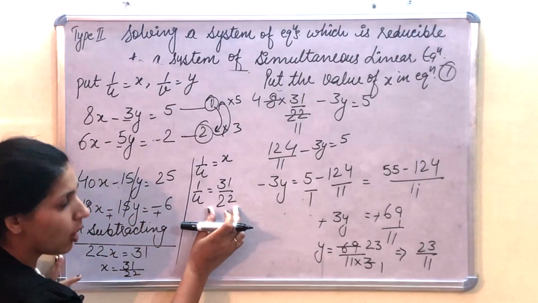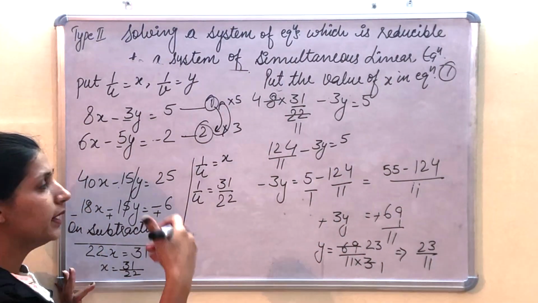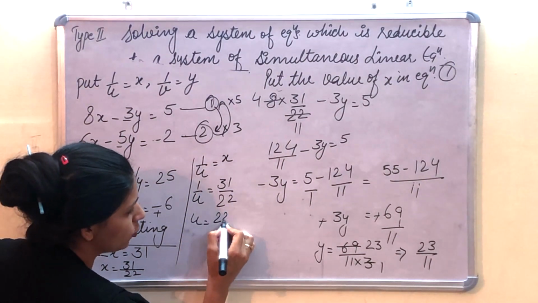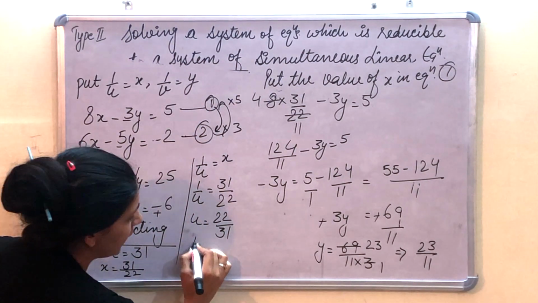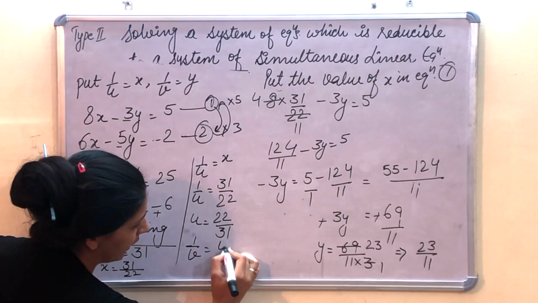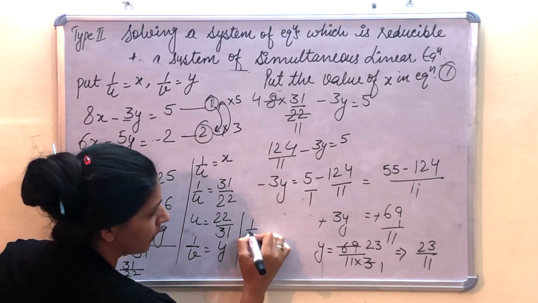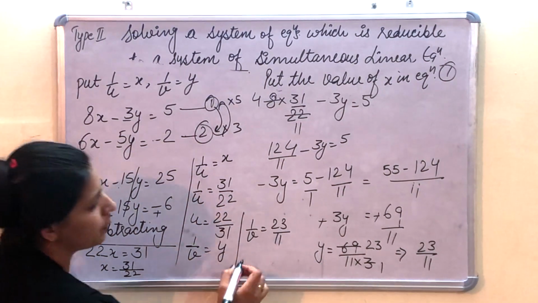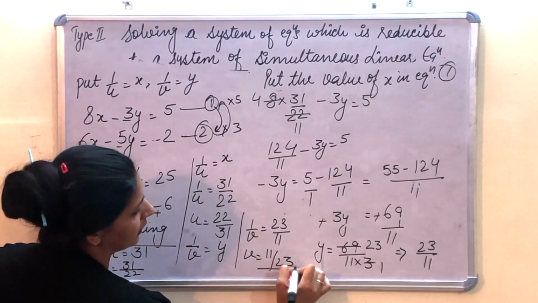If we reciprocal both sides, then numerator becomes denominator and denominator becomes numerator. So it is u and it is 22 by 31. Same as it is v, that is 1 by v is equal to y. What is the value of y? It is our 23 by 11. Same as it is, that we reciprocal, and v is equal to 11 by 23.